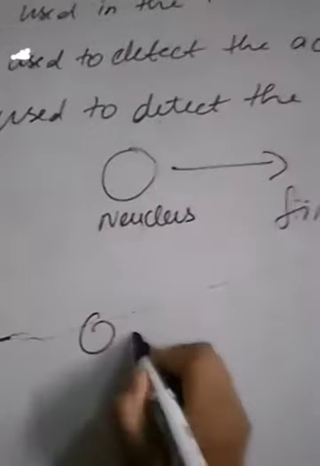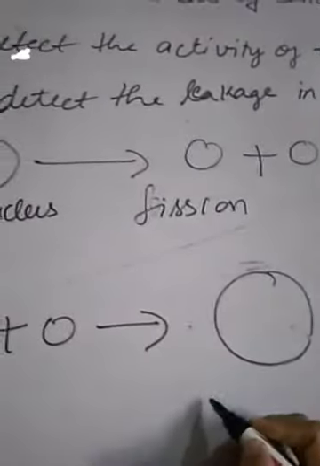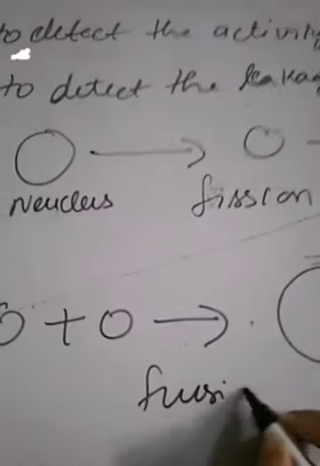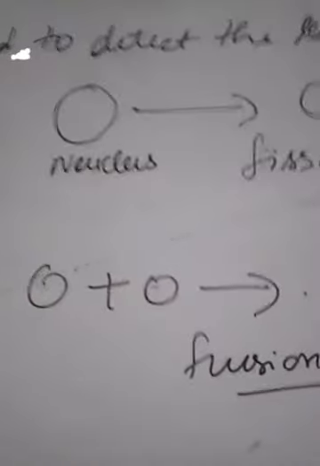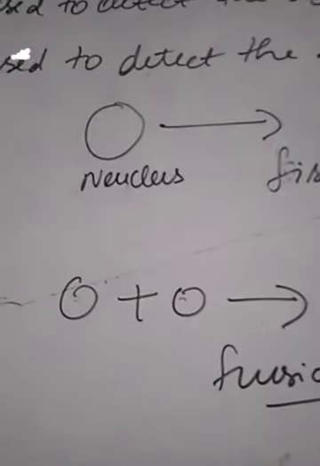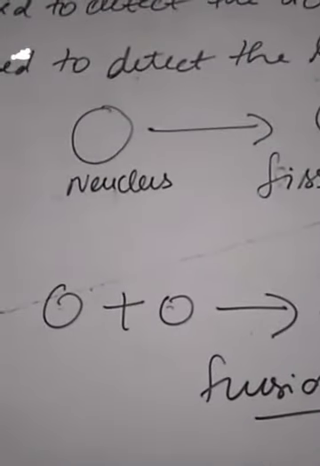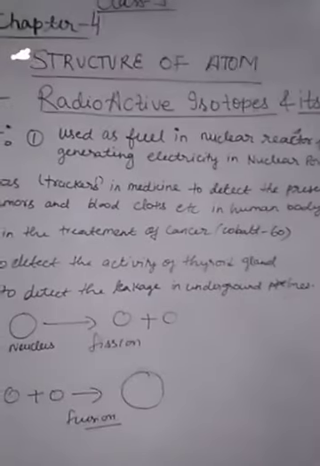And when two smaller nuclei combine to form a big nucleus, that is called fusion. Means they are fusing together and they are splitting. So there are two types of nuclear reaction, but in power plants mainly we use nuclear fission for generating the electricity.